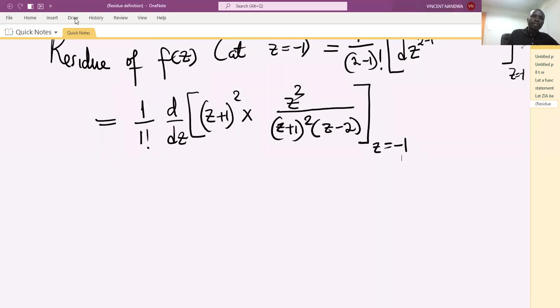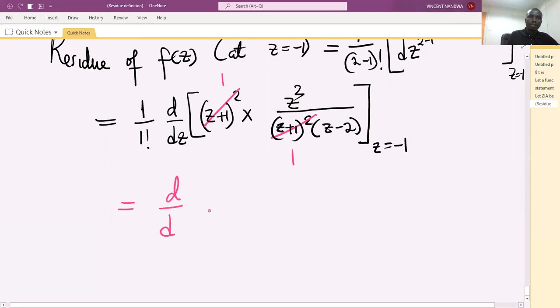In this product, it should be clear that this bracket and this bracket cancel out. So this will be 1 over 1 factorial, which is just 1, times d/dz of the function z squared over (z minus 2), and we have to evaluate this at negative 1.